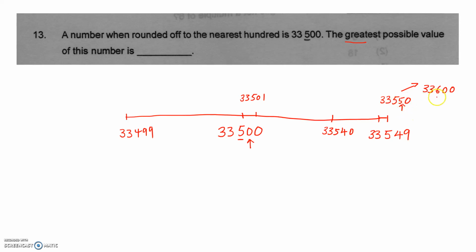So it becomes 33,600. Cannot. So this answer is wrong, and this is the final answer. For question 13, this one you cannot get wrong. We have gone through it a lot of times. If it is the greatest, we move up. If they want the smallest number, then we go down and go backwards and see. Same thing, draw a number line. Now let's move on.